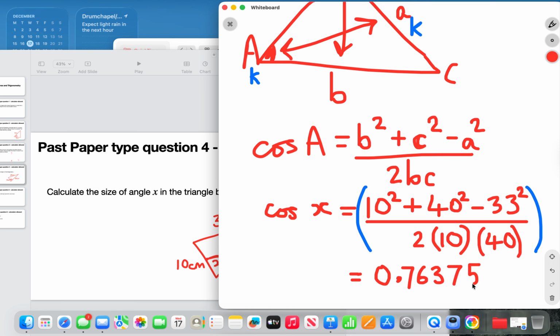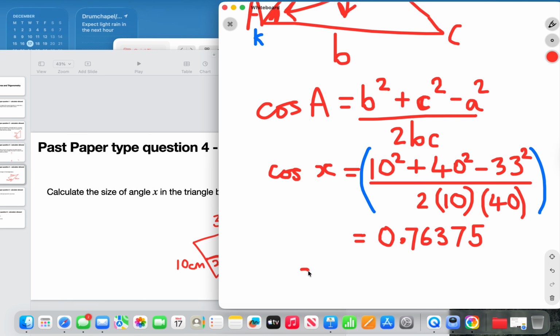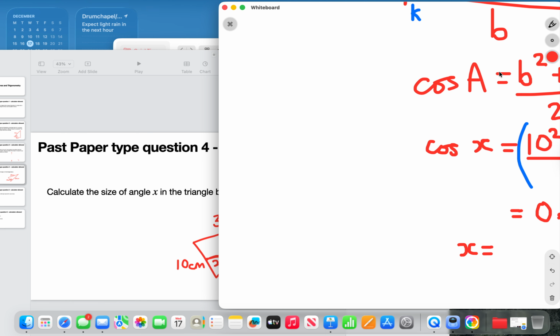We're going to then find the inverse of that. So look for the cos minus 1 button. It will be written like this, or something like inverse cosine.